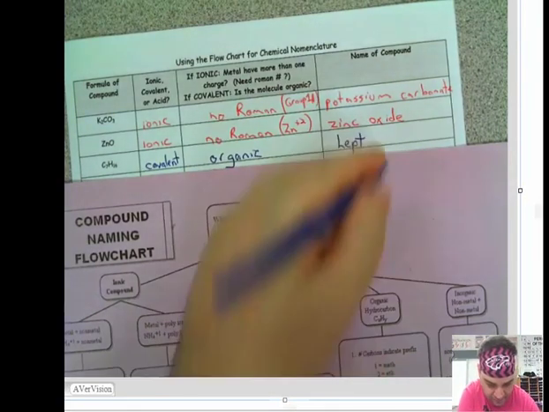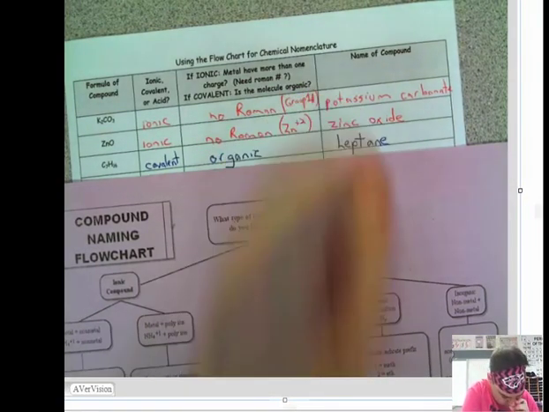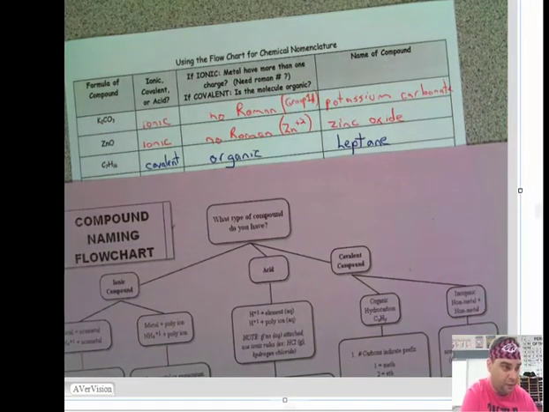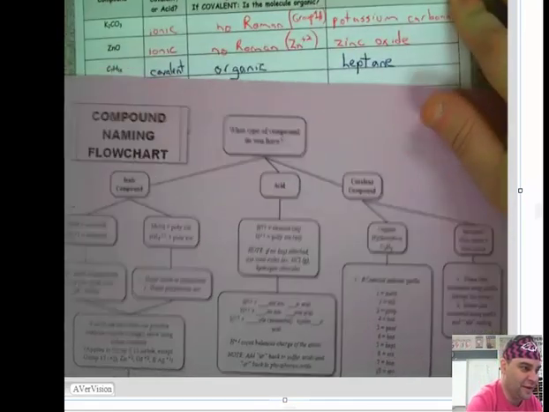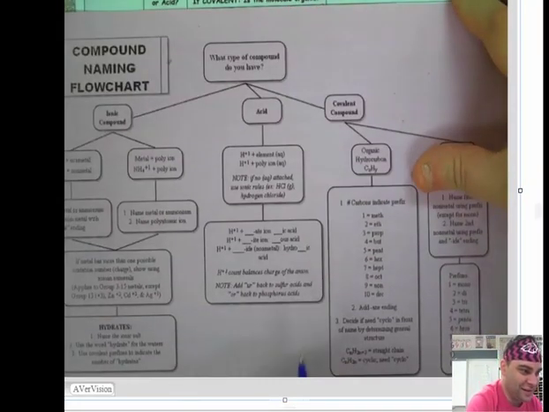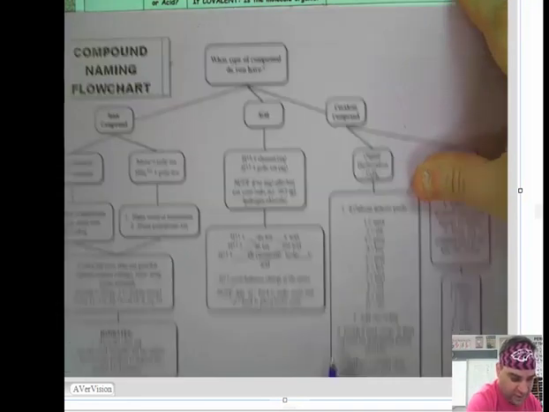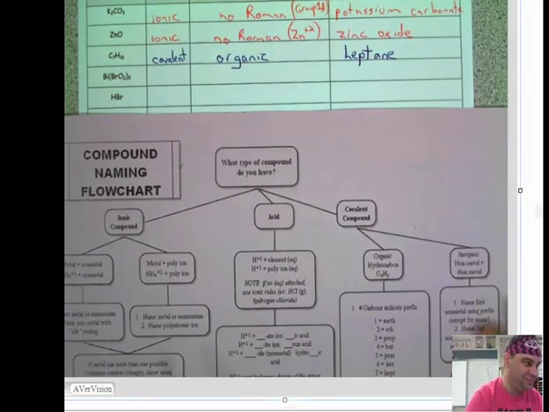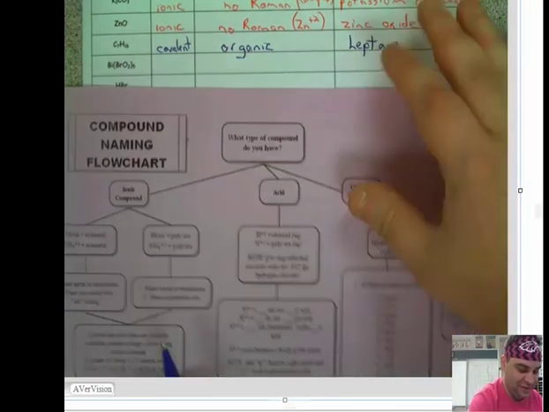Add the ane ending, ane. Determine if it needs cyclo in front of the name. If it's a ring, it needs cyclo, with CnH2n+2 for the chain. Well, this is not a ring, so this is just heptane. Easily done.